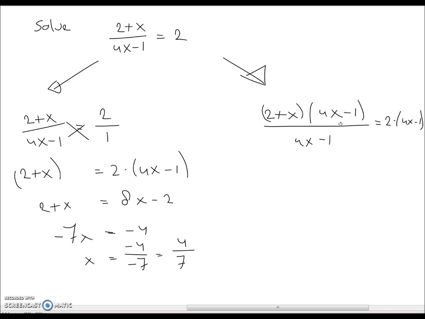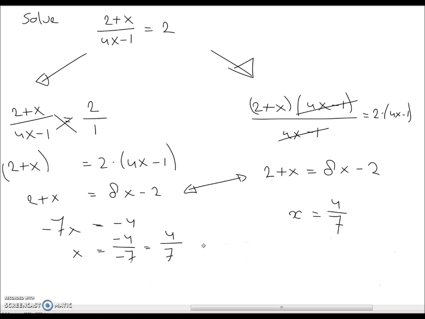Again, 4x minus 1 is a factor in the denominator and the numerator of this fraction, so we can divide it out, which gives us 2 plus x is equal to 8x minus 2, which is not very strangely the same as what we have here. So our solution is x is 4/7.